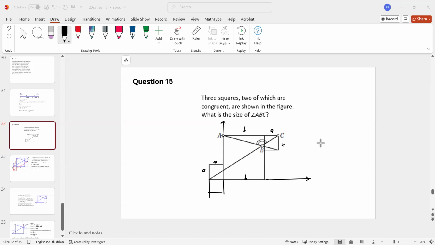And then I noticed something: that this line and these, this is still A here, and they are parallel, all 90 degrees. So you have a figure which is a parallelogram.